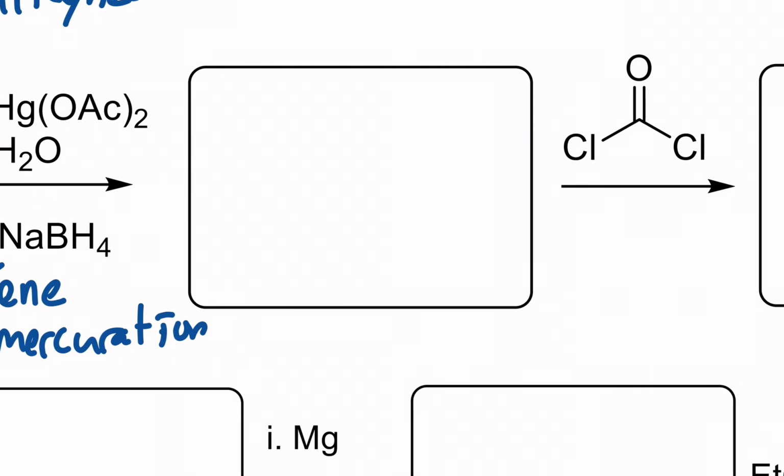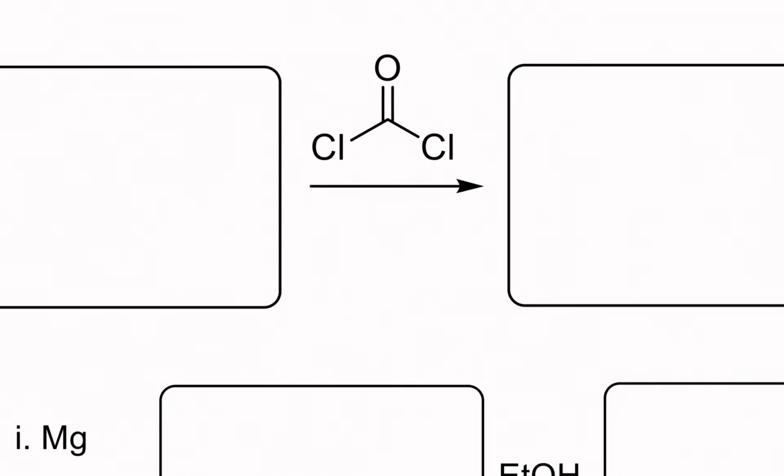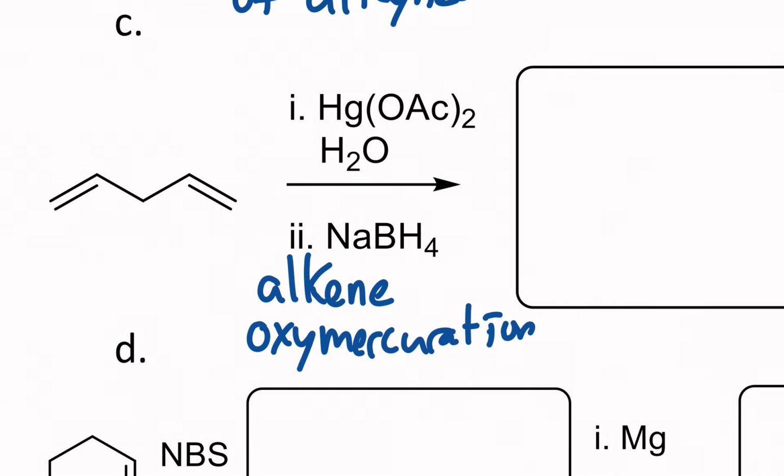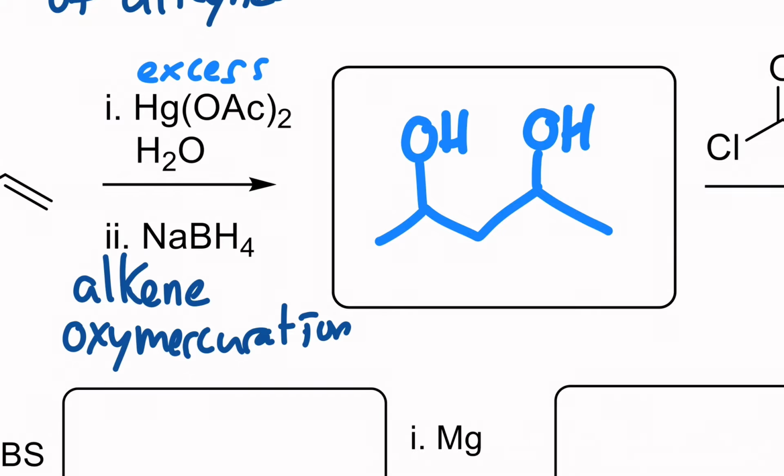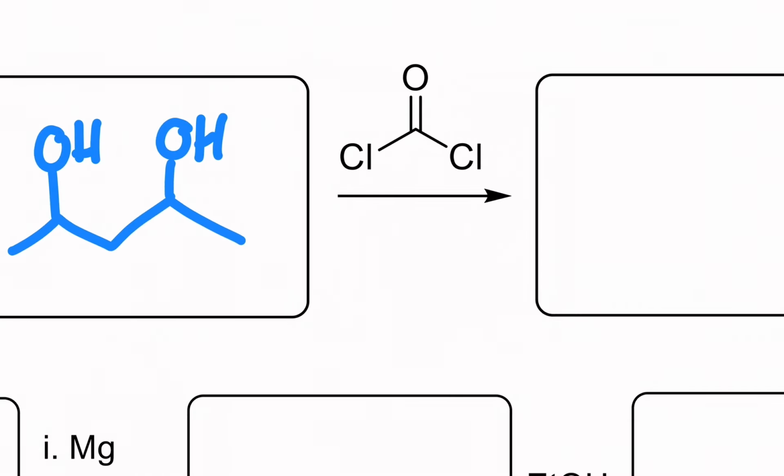And I'm going to predict, since I start to see double in the next step, that we have excess of this, and I'm going to hit both alkenes. It's symmetric, so if I only drew one, that'd be fine. And if you only draw one, that's fine too, but I'm going to pretend it gets rid of both. And then you get a diol. And now we get to some new chemistry.